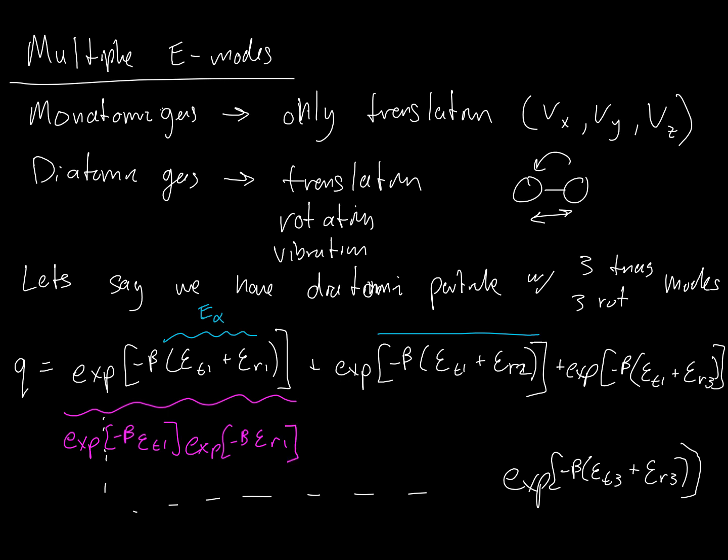Right, just an exponent property. If I'm adding things together in an exponent, it's the same thing as multiplying them outside of the exponent. Good? So if we apply this logic throughout, we can break down this partition function into a much simpler form.